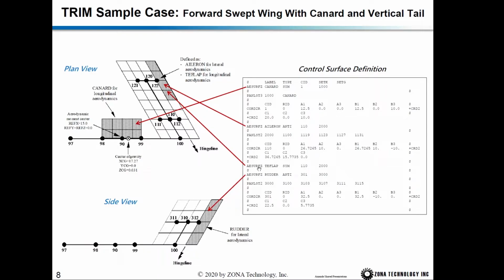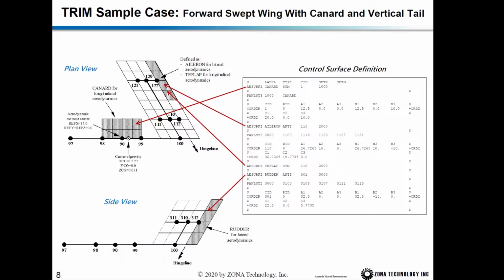The next one we call trailing edge flap, and this is a symmetric control surface, and it also refers to the same CORD2R card and the same PANLST2 card. So the same aerodynamic panel can be selected as an anti-symmetric control surface and a symmetric control surface.